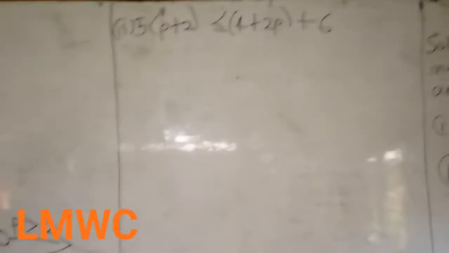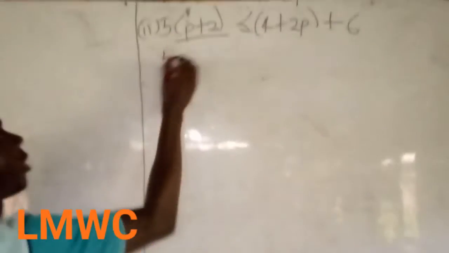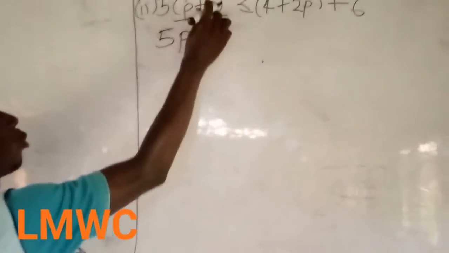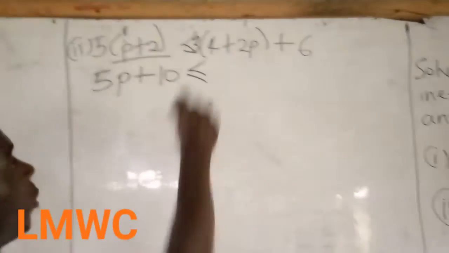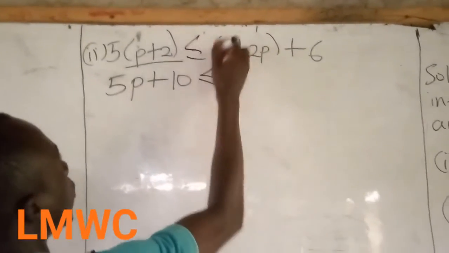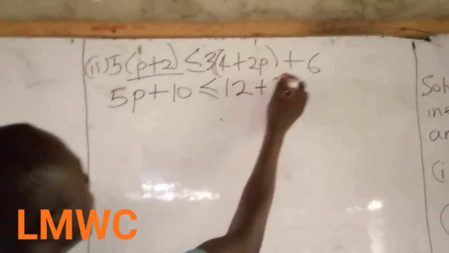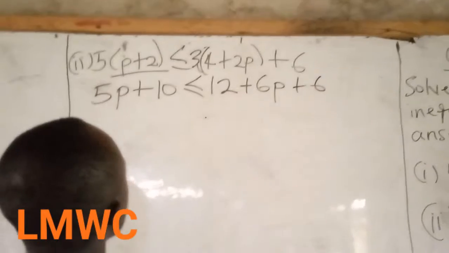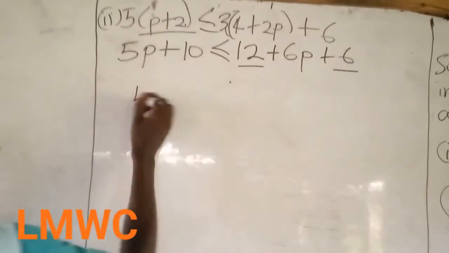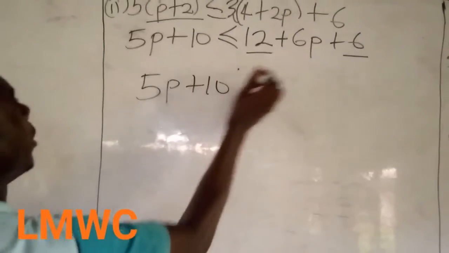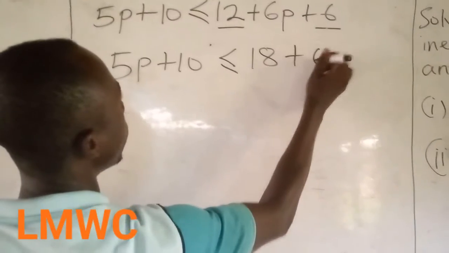You remove your bracket by multiplying this number by this. 5 times p is 5p plus 5 times 2, 10, less than or equal to 3 times 4, we have 12 plus 3 times 2p is 6p plus 6. So we can add like terms because we have 12 here, we have 6 here. 5p plus 10 is less than or equal to 12 plus 6, we have 18 plus 6p.